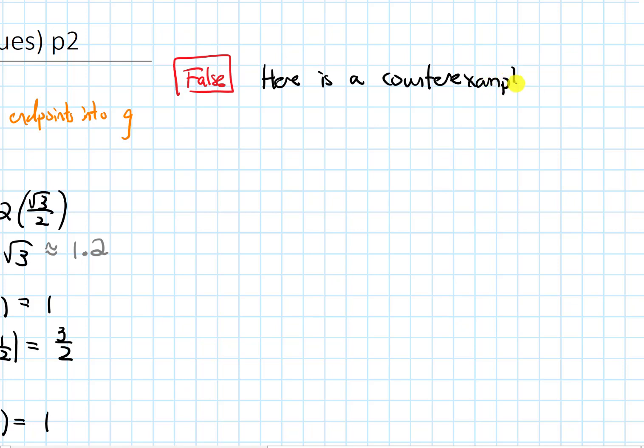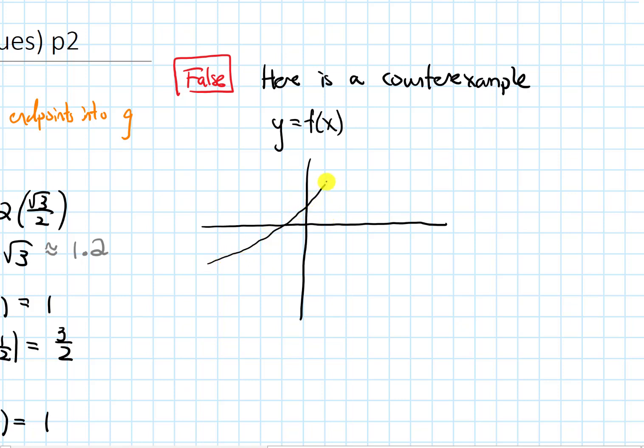And again, just like with the last one, there's a bunch that I could potentially give or draw. So I'm going to try to draw a picture that kind of uses that idea from the last one. I need a point on the graph that's going to be a local extreme point, but where the derivative is not 0, where it's going to be undefined. Okay, so let me draw something that has kind of a corner at a high point. This would be a local max.